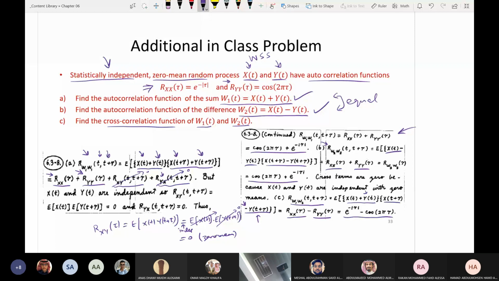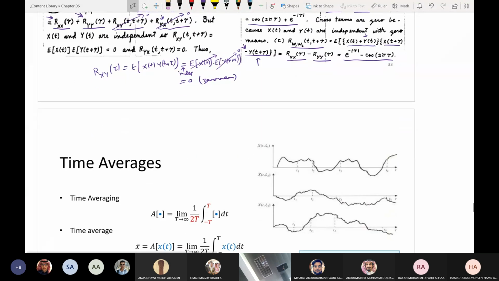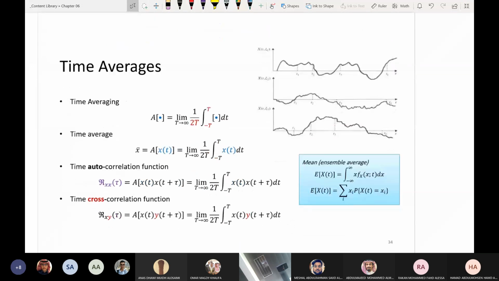Okay, let's talk about time averaging, or averages. So far, we have been talking about the moments, the average, the autocorrelation function, and so on. However, we will now talk about the ensemble average, or the mean. What does the ensemble average mean?